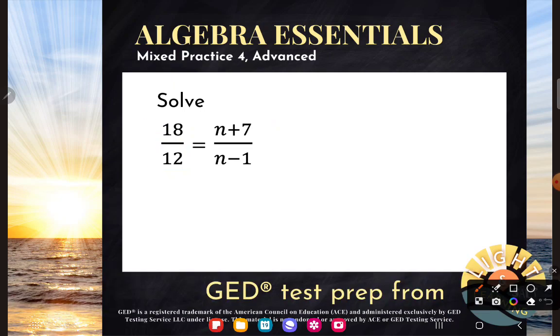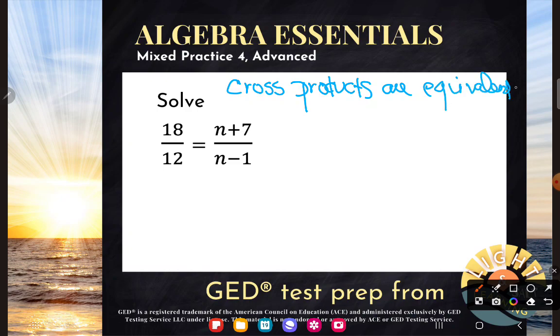It's still a proportion, which means we can still use that lovely pattern that we noticed, which is that cross products are equivalent. Now, I will warn you just for college that you do have to watch out for things like this, because even though it's true that cross products are equivalent, sometimes you'll get false answers that don't work.